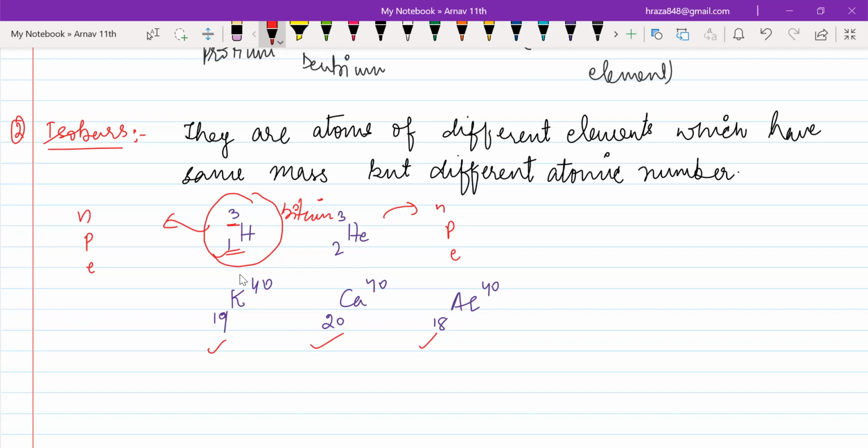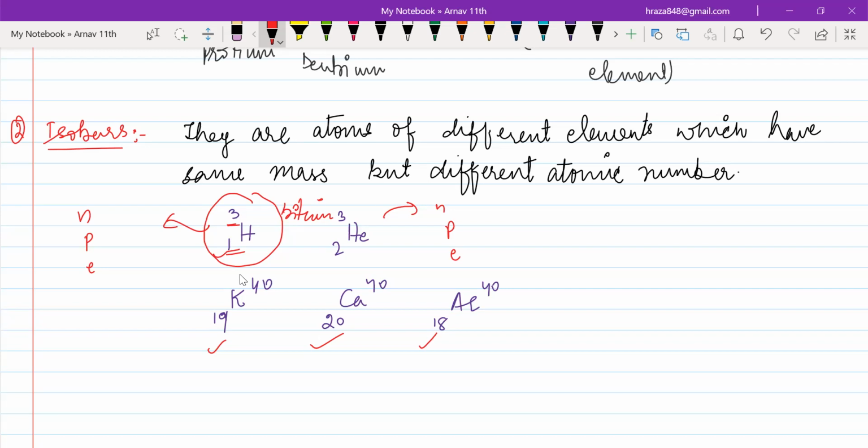Sir, 1 minute. It's two neutrons, one proton, and one electron. Okay. Find for all the remaining. So in helium, one neutron, two protons, and two electrons.